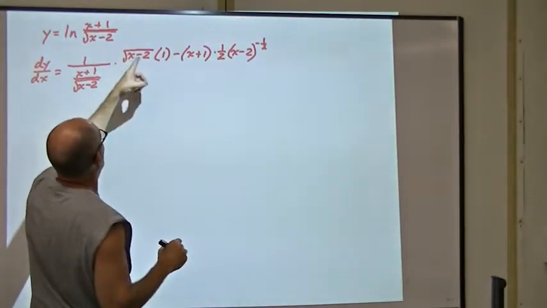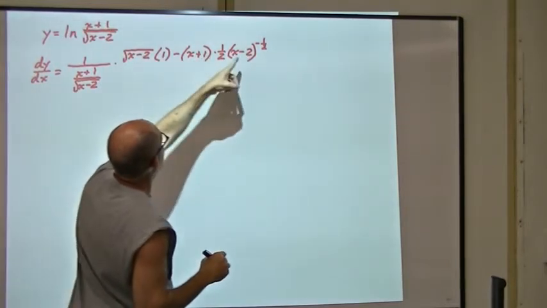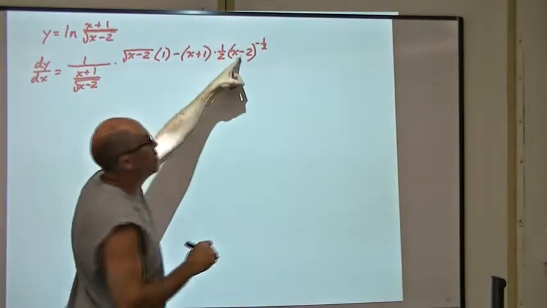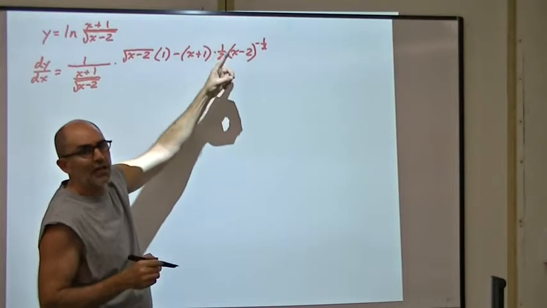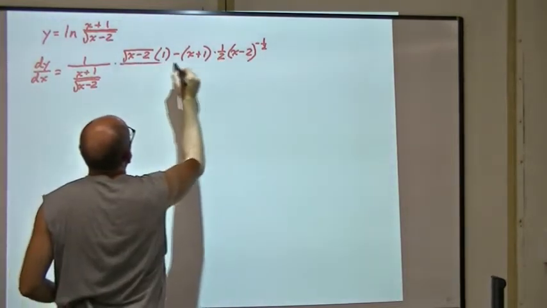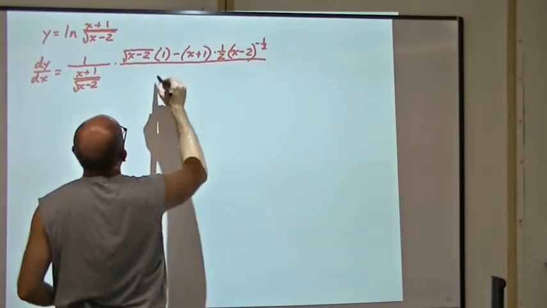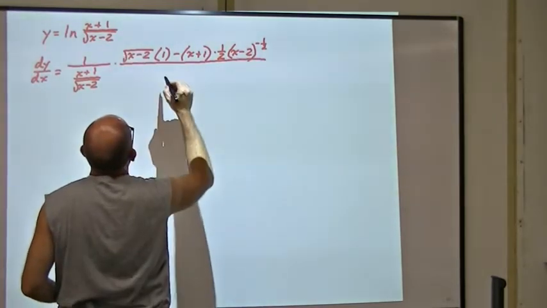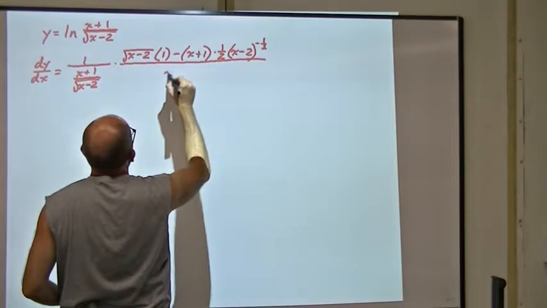So here we are, low d high minus high d low. Now notice x minus 2, the chain rule would just make it times 1. And then we need to square the bottom, and away we go. So the square of the square root is just going to be x minus 2.